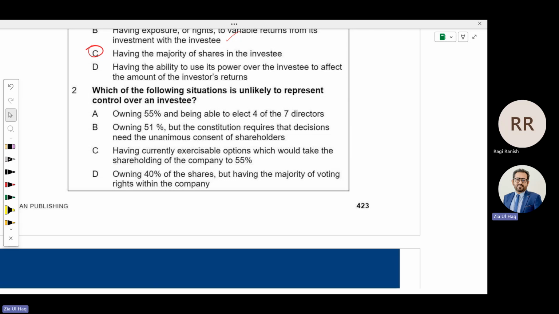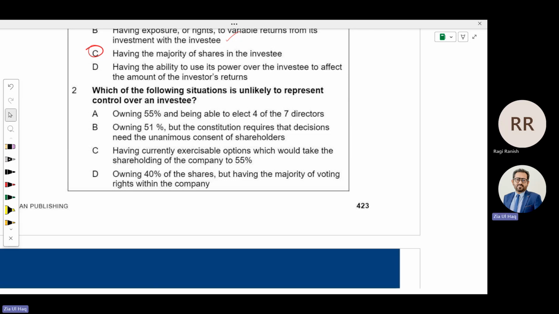Owning 51%, but the constitution requires that decisions need the unanimous consent of shareholders. No, you don't need unanimous consent of shareholders because you are having 51%, you can decide anything. No need for the constitution requirement. If you acquire 51%, you acquired it through agreement.